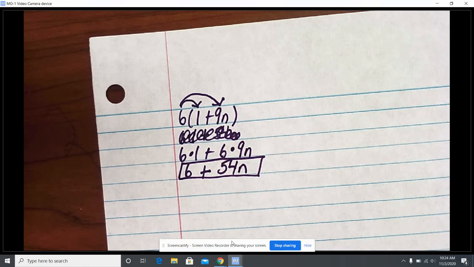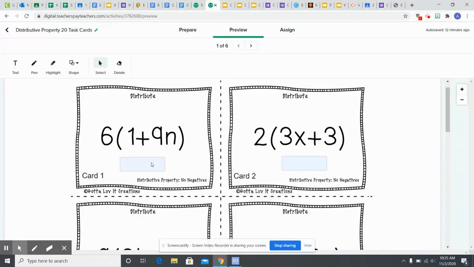So on the next one, and actually what I'm going to do is I'm kind of going to use some different colors to kind of show you what exactly I'm doing if you are still confused from that one. But first, what you have to do is you need to go back, and the answer to this one was 6 plus 54n.